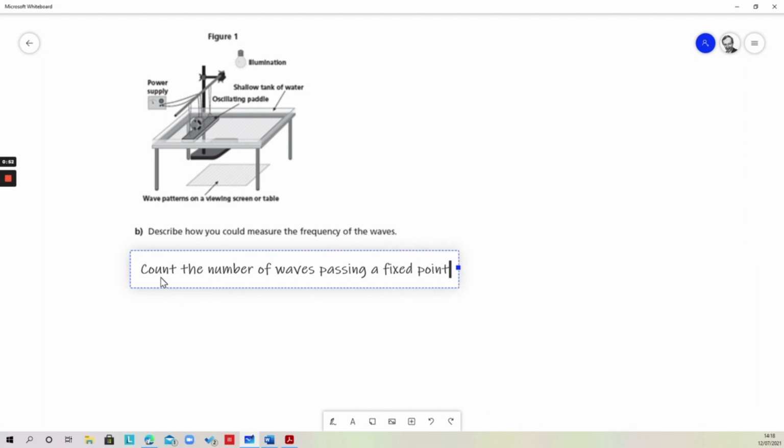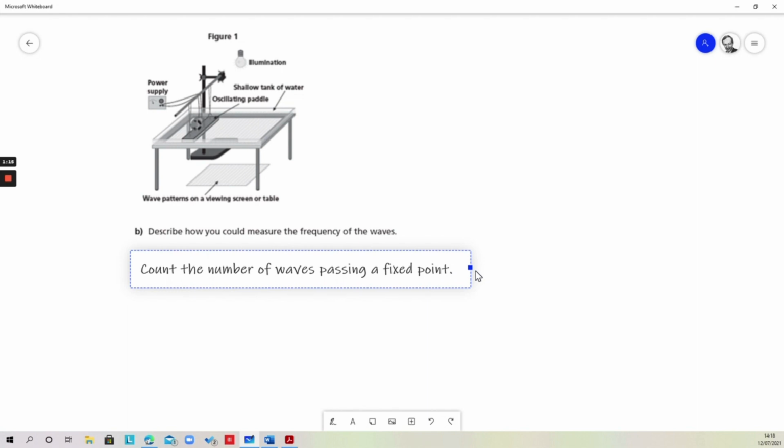For example, if we had straight waves travelling out across the ripple tank, we would choose a point, and it could be any point along the edge of the ripple tank here. We would decide on what the point was going to be, and at that point we would count the number of waves passing a fixed point.